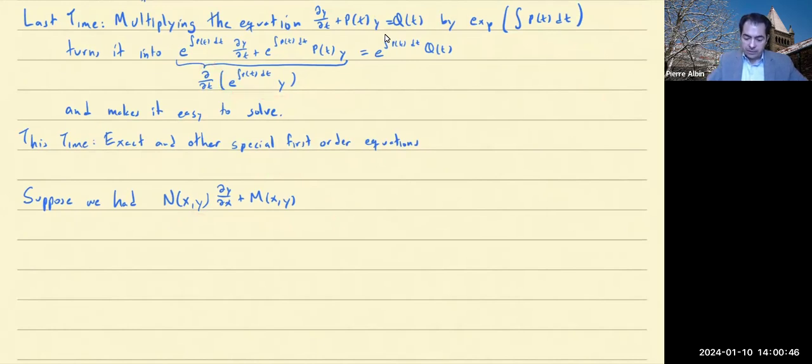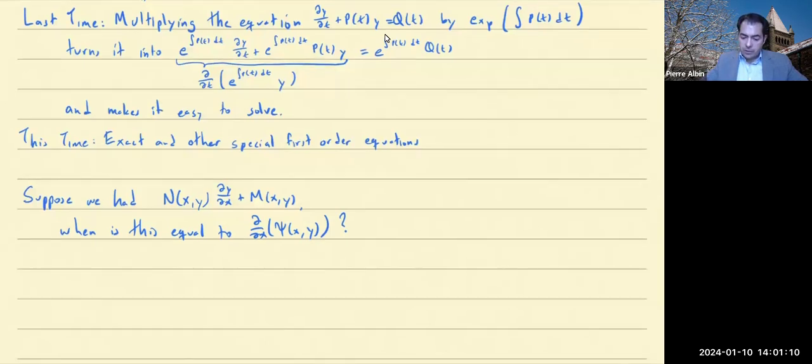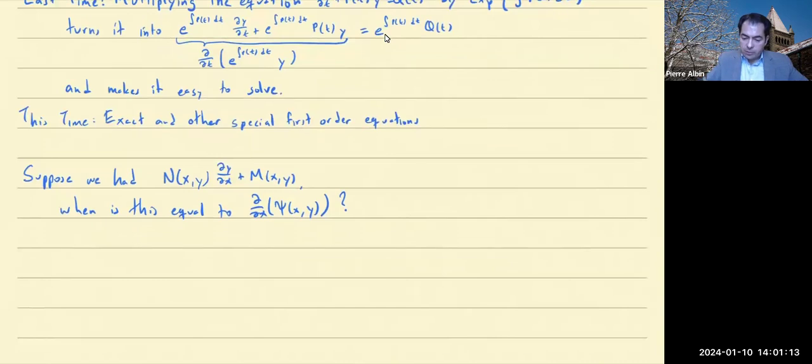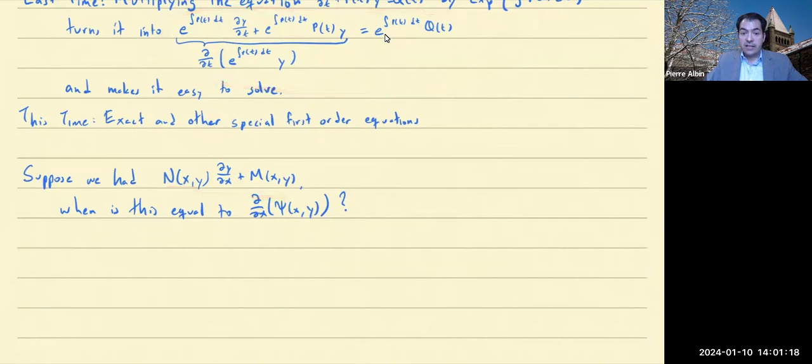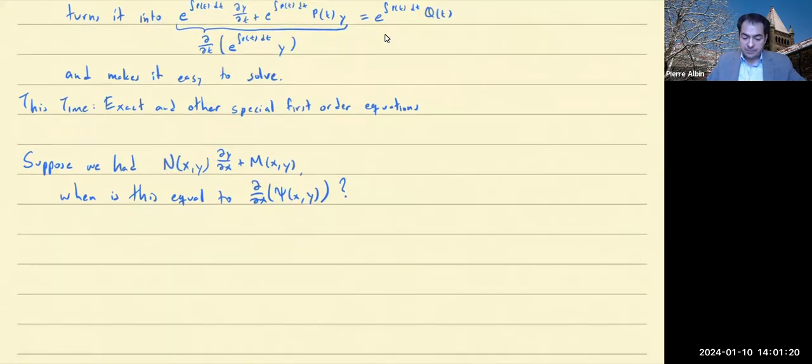So we can ask, when is this equal to the derivative with respect to x of a single function, call it psi of (x,y)? This would be great because it would really simplify any differential equation that had this as a left-hand side, just like we saw last time.